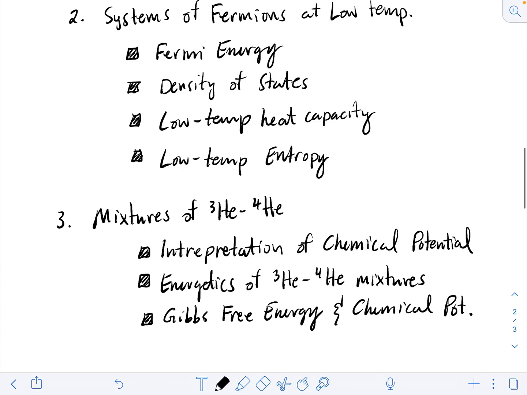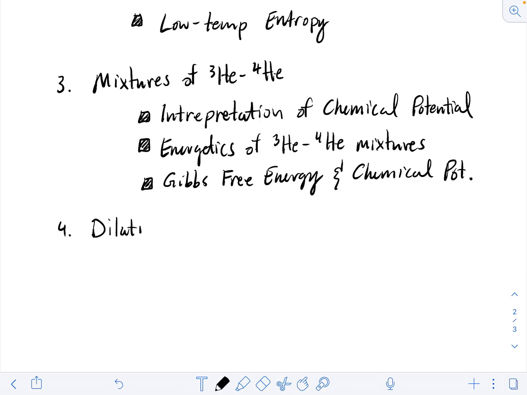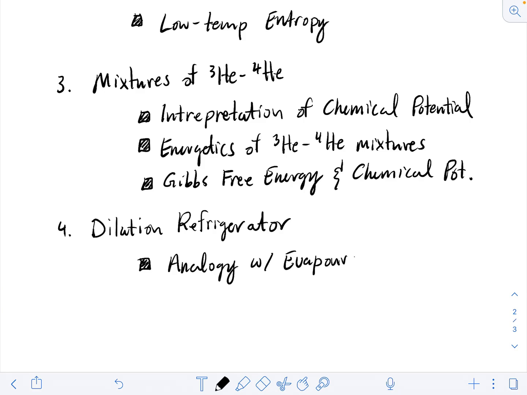Okay, and then finally, after doing all that, which might take a few weeks, we will then be able to discuss the dilution refrigerator. We'll talk about it in terms of an analogy with evaporative cooling. So we've talked about evaporative cooling when we pump on the vapor pressure of, say, the helium-4 gas above the surface of the liquid.